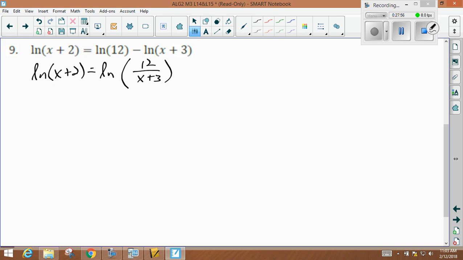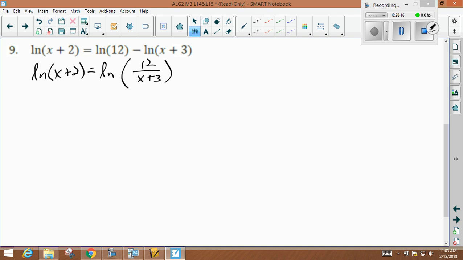Now, if I raise everything to the e power, essentially if I put these as powers of e, they're going to go away. But how about this?